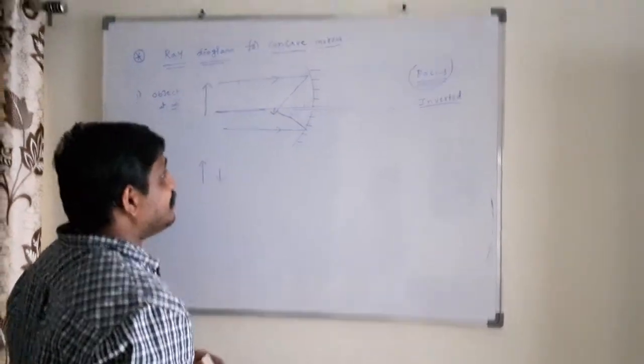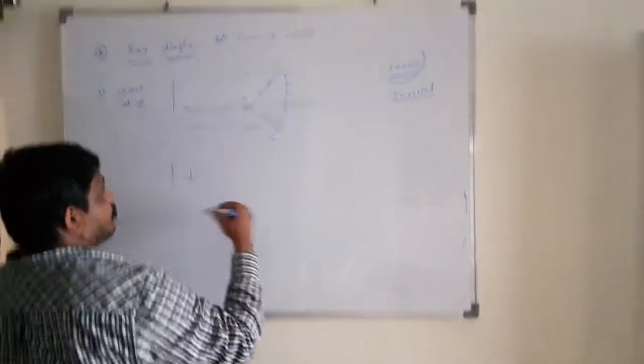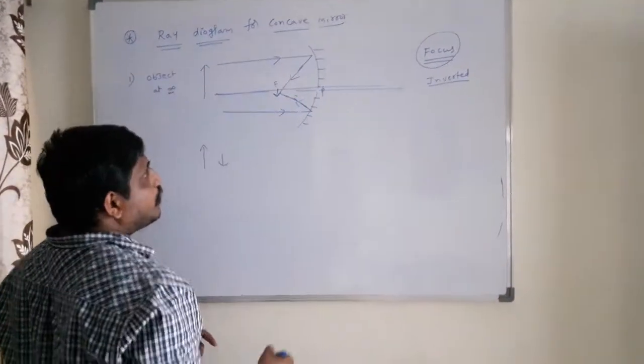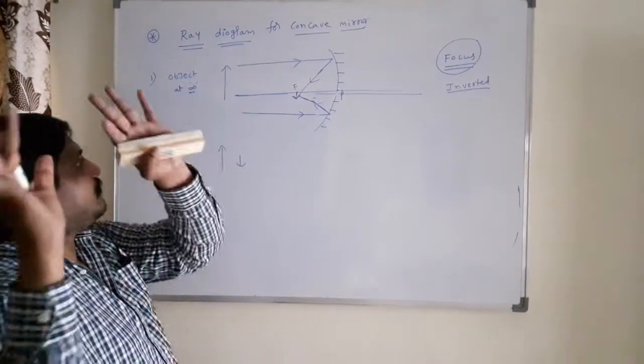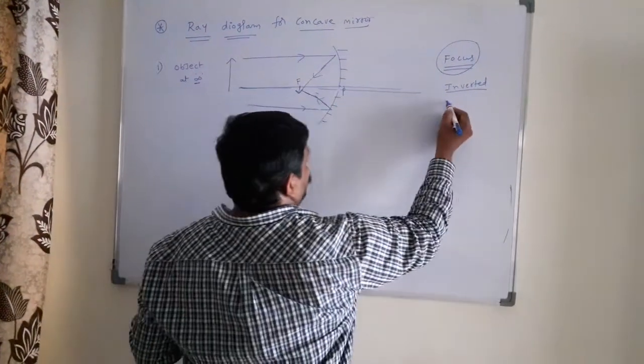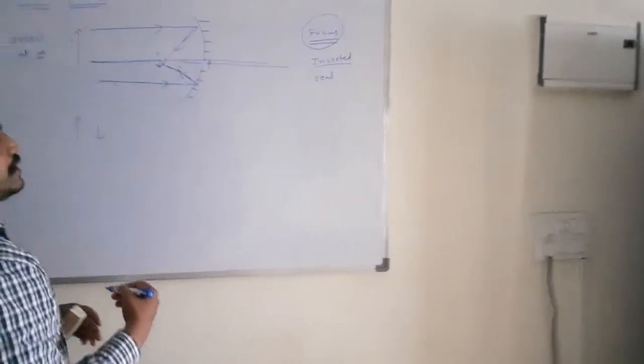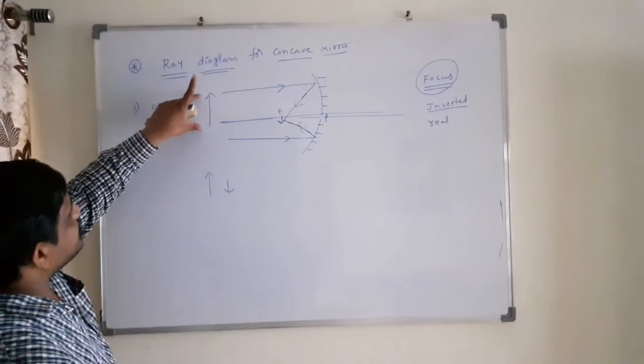And again these rays meet at the principal focus. Okay, what is this called? Pole. The final image is inverted, and these are real rays, so the image is a real image. Here this is the size of the object.